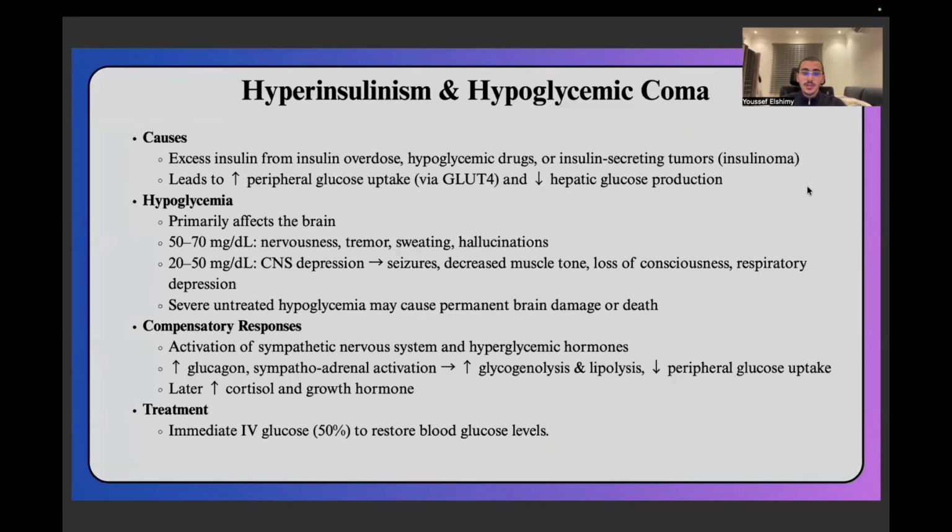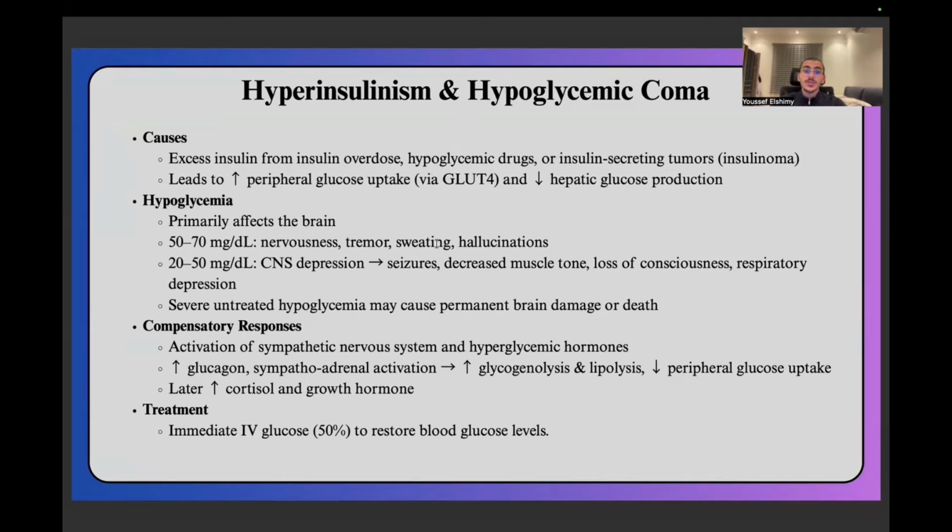One condition to go over is hyperinsulinism and hypoglycemic coma. What happens is that there's increased insulin in our body, and this excess could be due to insulin overdose, so exogenous insulin, or you took an overdose of hypoglycemic drugs, the drugs that could cause hypoglycemia, or there's an insulin-secreting tumor like insulinoma.